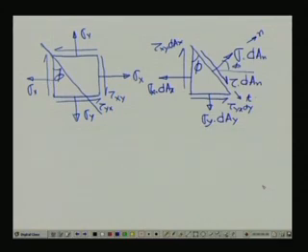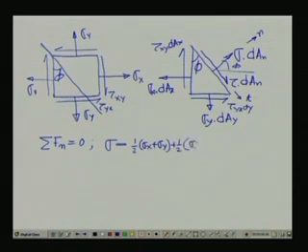If we consider the force balance, that means the sum of forces in the normal direction equals 0, then doing a little bit of algebra, the value of sigma comes out to be half of sigma x plus sigma y, plus half of sigma x minus sigma y into cos 2 phi, minus tau xy sin 2 phi.